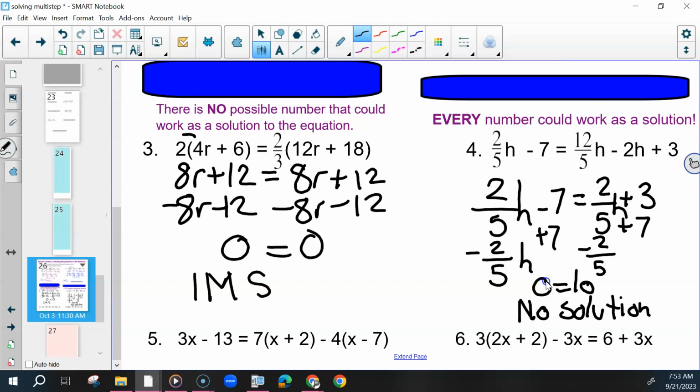Okay. Really quickly, look at that paper I just gave you. On one side, this side that says determining the type of solution. I don't have this up here. I just want you to fill out the top part really quickly. Look at the variable terms. For one solution, the variable terms are different.